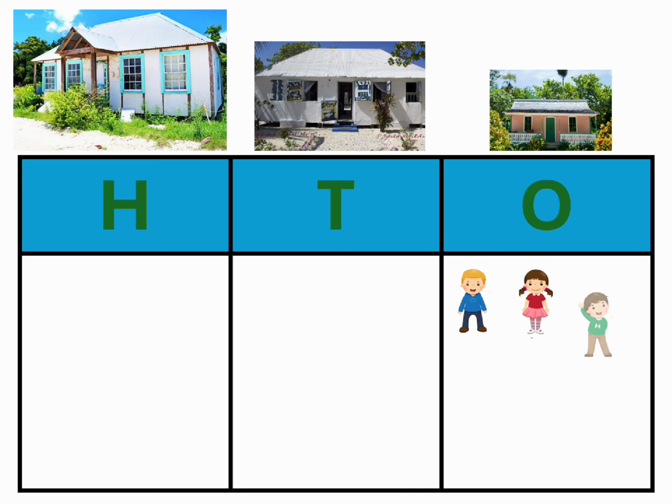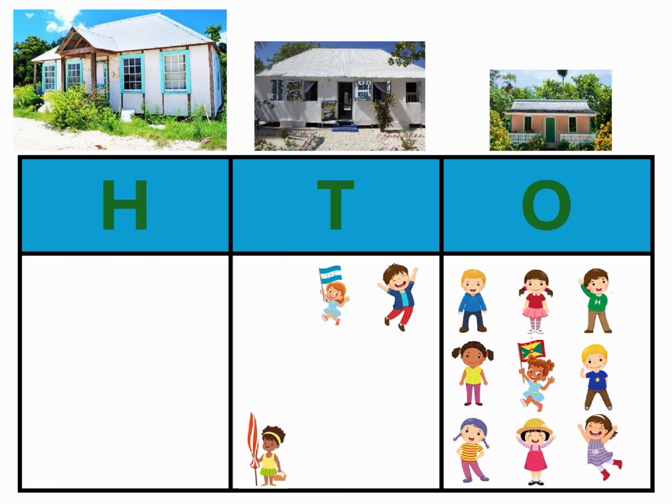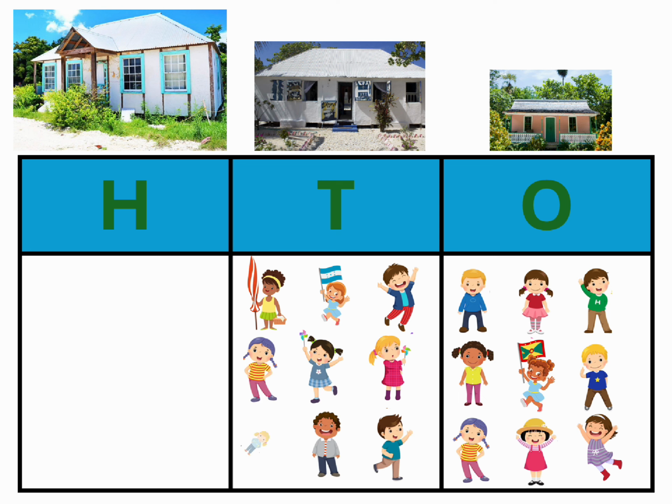In the Ones house, each guest represents 1. 1 for each guest, 9 guests. In the Tens house, each guest represents 10. 10 for each guest, and we have 9 guests.